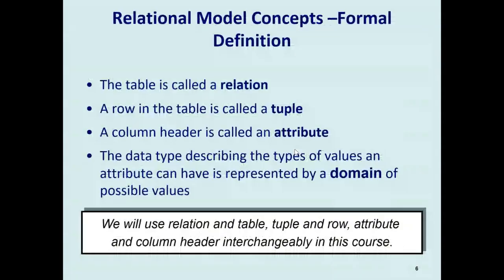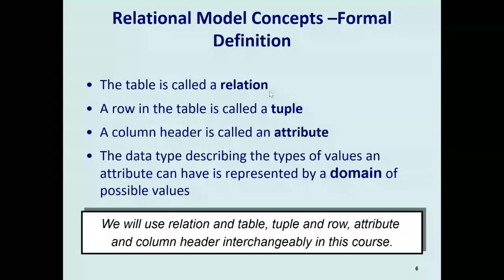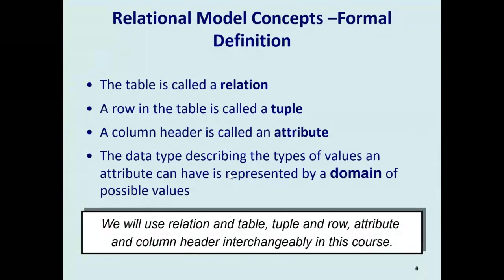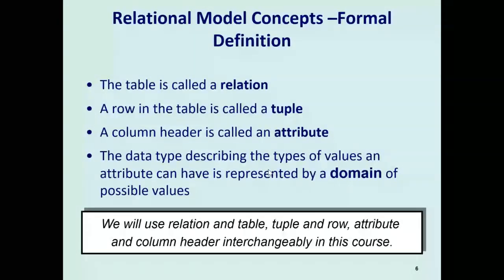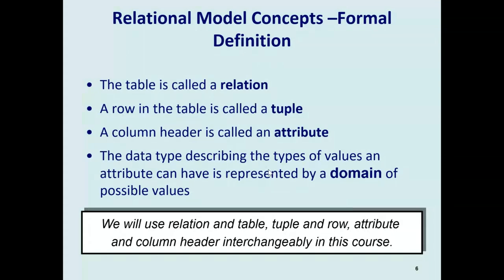Okay, so for the formal definition, the table is called a relation. The row in the table is called a tuple. The column header is called an attribute. And the data type describing the type of each attribute is called a domain. In the relational data model, each attribute has to supply a domain so that we're able to validate if a value really satisfies the domain requirements.